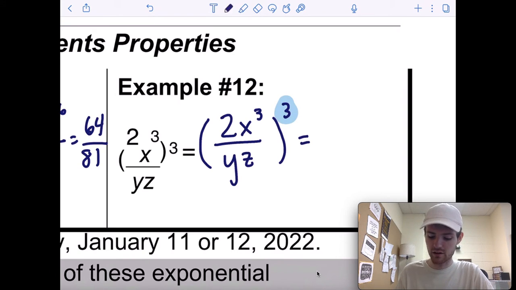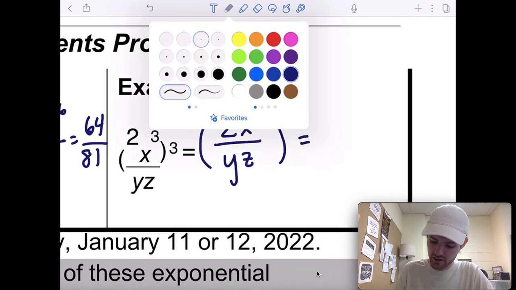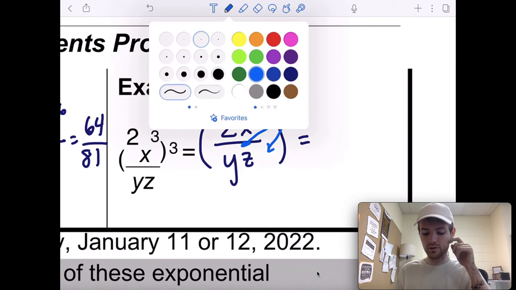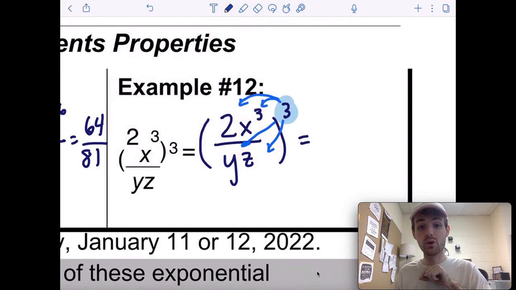We see that power on the outside. We distribute it to each and every base. My question, did you remember to see that 2 as its own base? We can put a 1 there, we can put a 1 with the y, and we can put a 1 with the z.